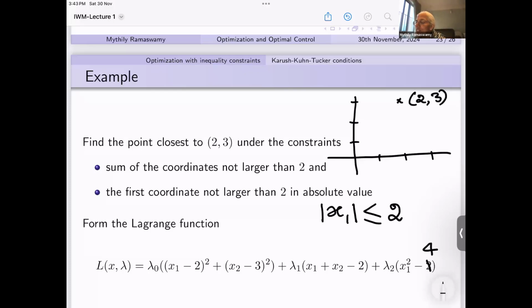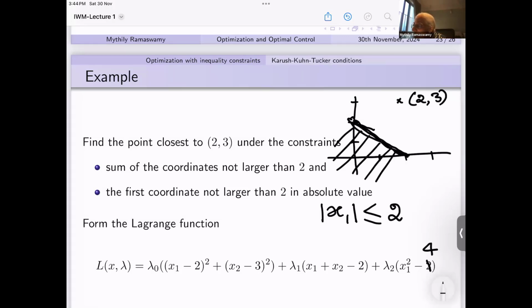And the first condition says the sum of the coordinates is not larger than 2. That means I have to look at x1 plus x2 equal to 2, which will be this line. So this should be the region where I should look for the point.